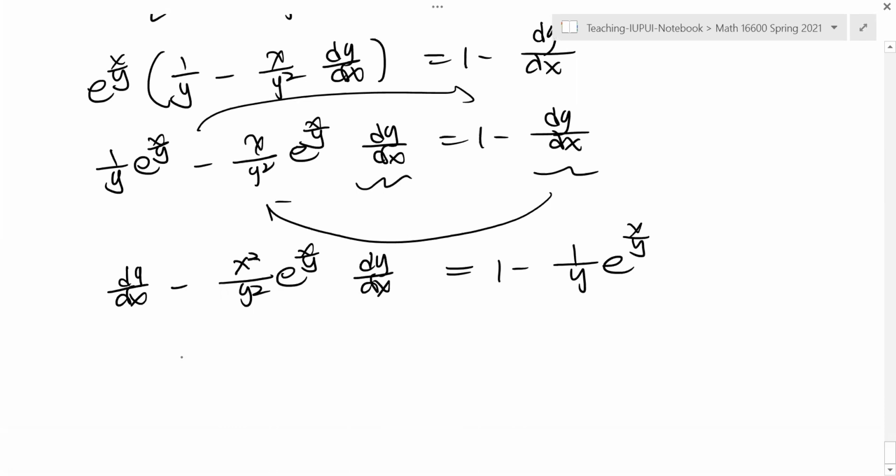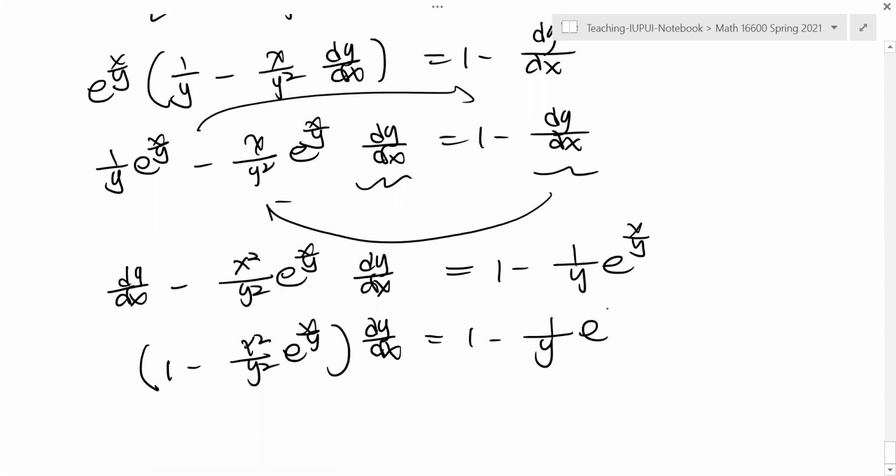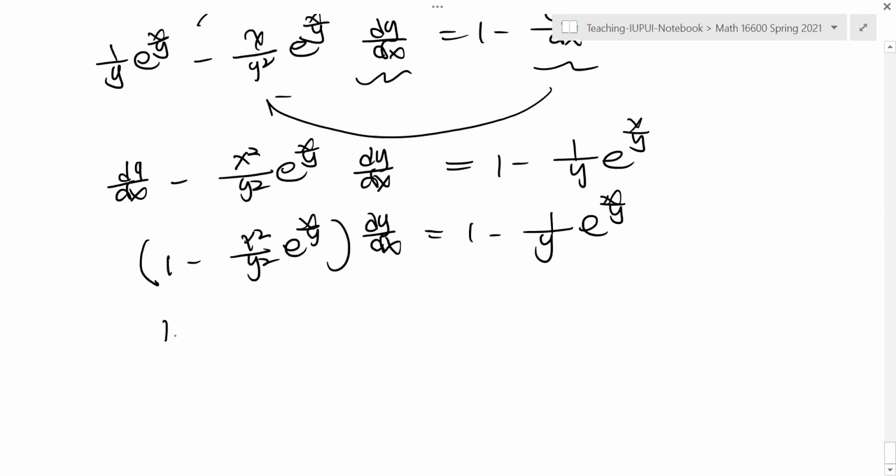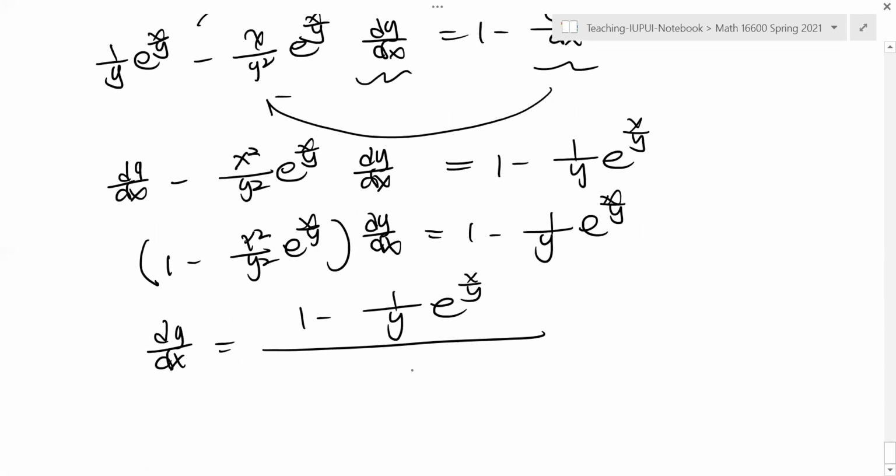Okay, finally, I can solve for the derivative. I see I made mistakes when I copied it. You see, it looks pretty strange, I squared it.